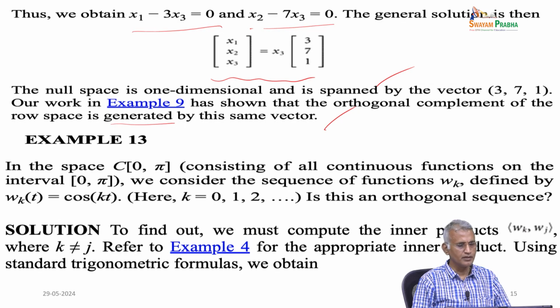So, next example: in the space C[0, pi], which consists of all continuous functions on the interval 0 to pi, we consider the sequence of functions defined by wk(t) equal to cos(kt). When k equal to 0, cos 0 is 1; when k equal to 1, cos t comes; when k equal to 2, cos 2t comes. So w0, w1, w2, w3 and so on start from w0 equal to 1: 1, cos t, cos 2t, cos 3t and so on.